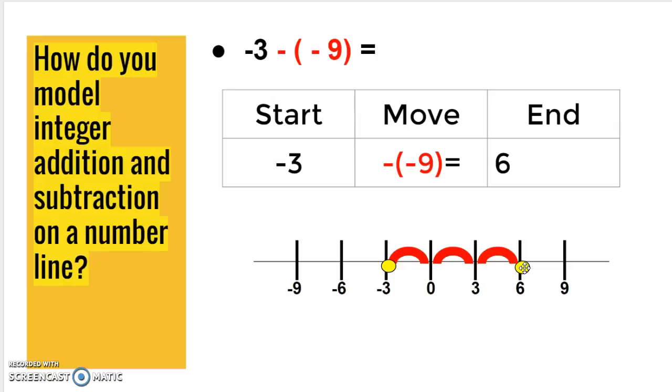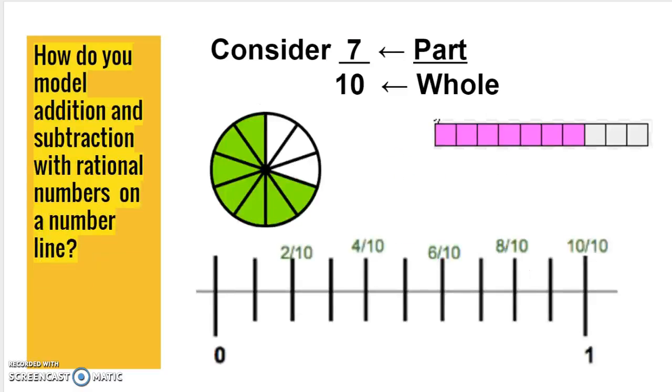You can apply this exact same concept when it comes to fractions. So consider the concept of a fraction, right? In any form, when you're talking about a fraction, you have the part and the whole. And a whole basically means one whole number, or visually one whole circle, one whole shape, something like that.